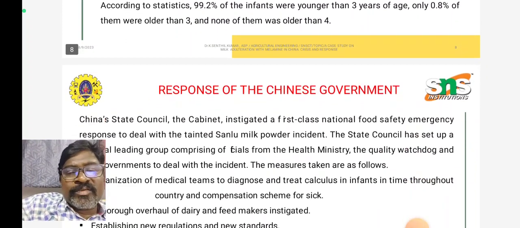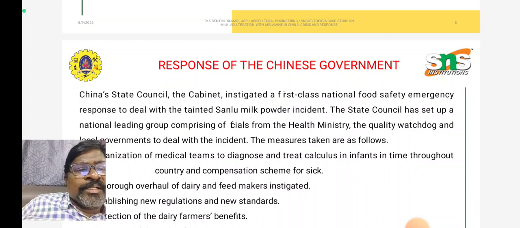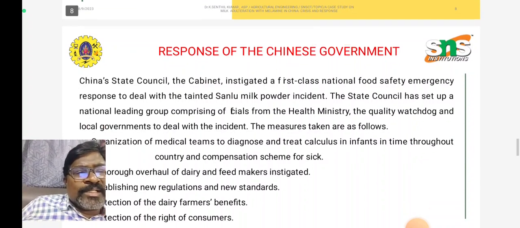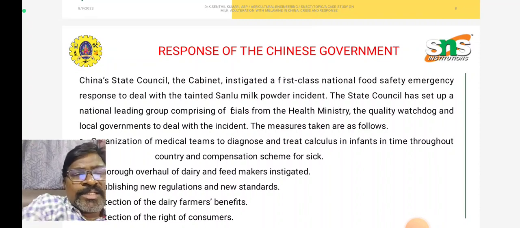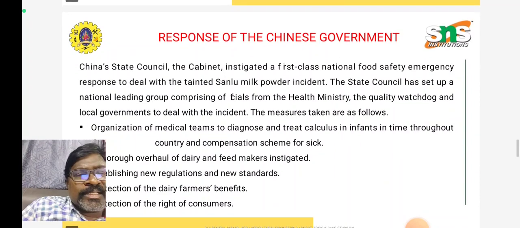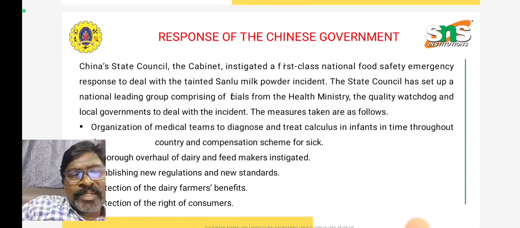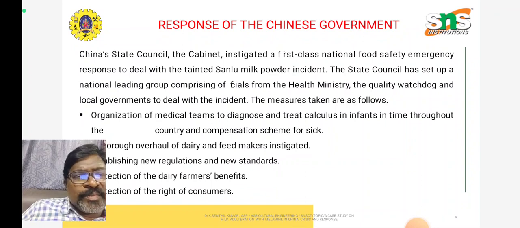Response of the China government. The China State Council, the cabinet, initiated a first-level national food safety emergency response to deal with the tainted Sanlu milk powder incident. The State Council has set up a national leading group comprising officials from the Health Ministry, the Quality Watchdog and local government to deal with the incident.